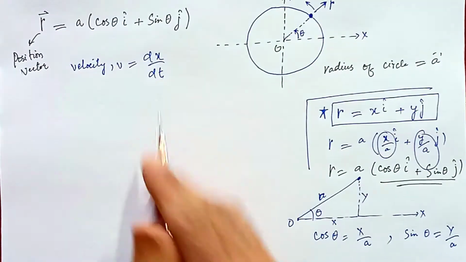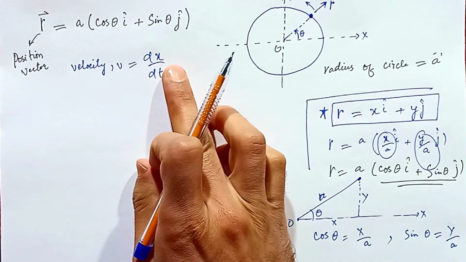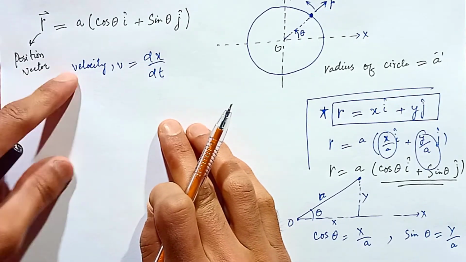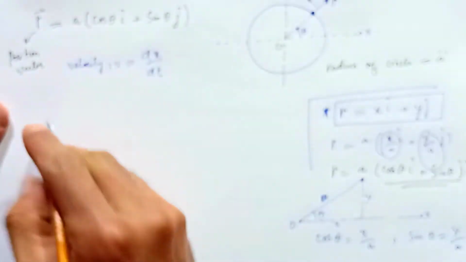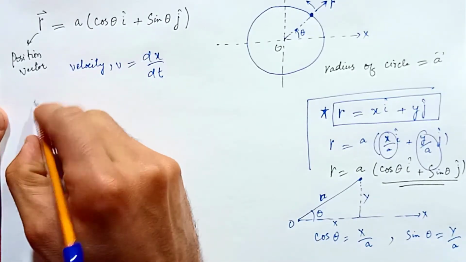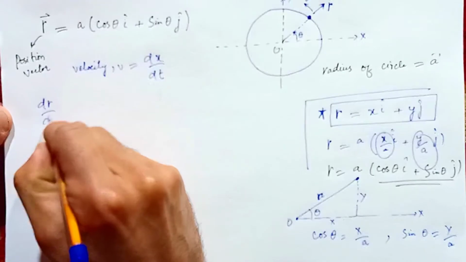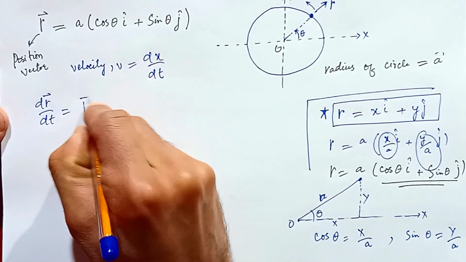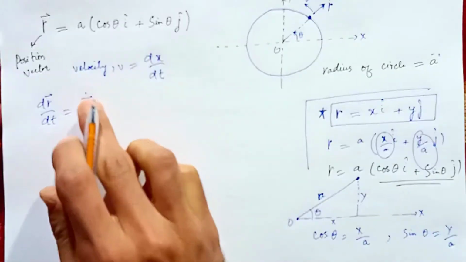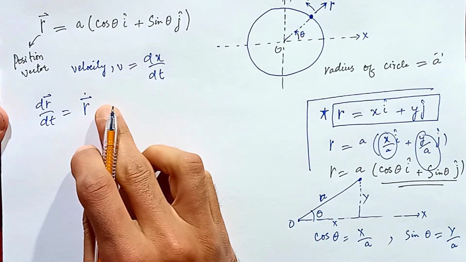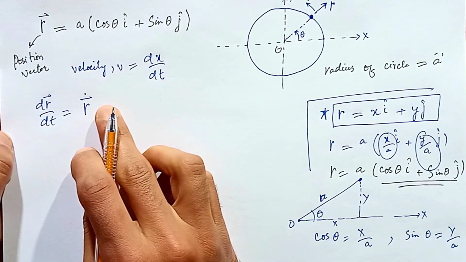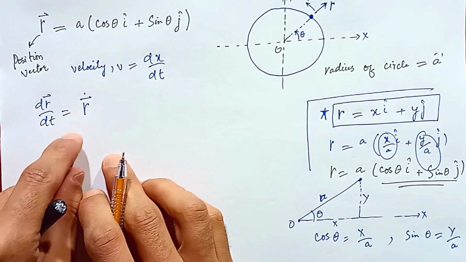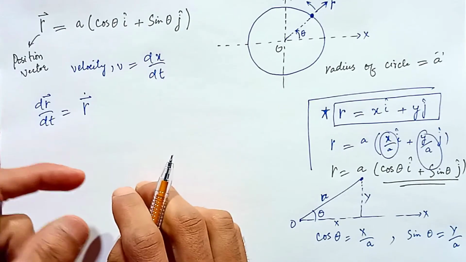So we have to differentiate the position vector with respect to time to get the velocity. So differentiating with respect to time, that means dr by dt. That's also written down as r dot. This is the Newtonian representation, keep it in mind. r dot means dr by dt. So dot means differentiation with respect to time.